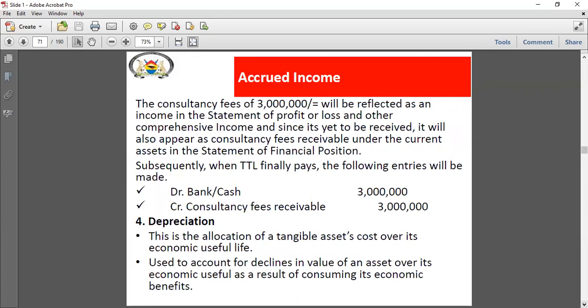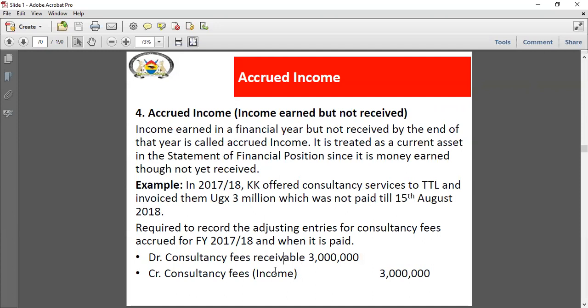All right. Now, if at all, this 3 million that we've recognized here, that we've debited consultancy fees receivable of 3 million, and then credited our consultancy fees with 3 million. Now, here we've already done the recognition of the income. Now, in case TTL pays us, we shall not go ahead to credit consultancy income at that point in time.